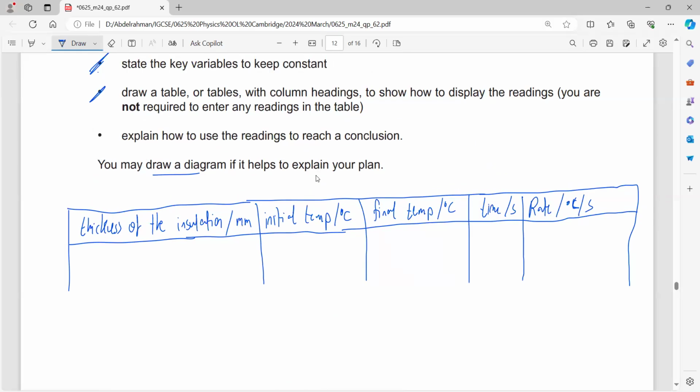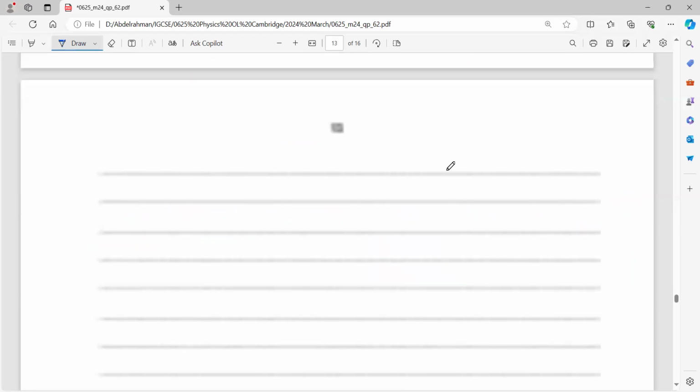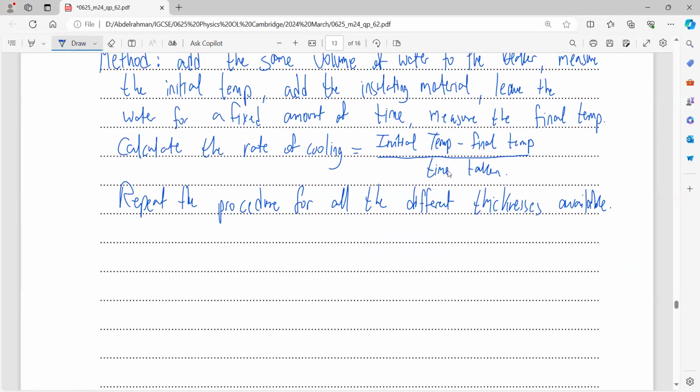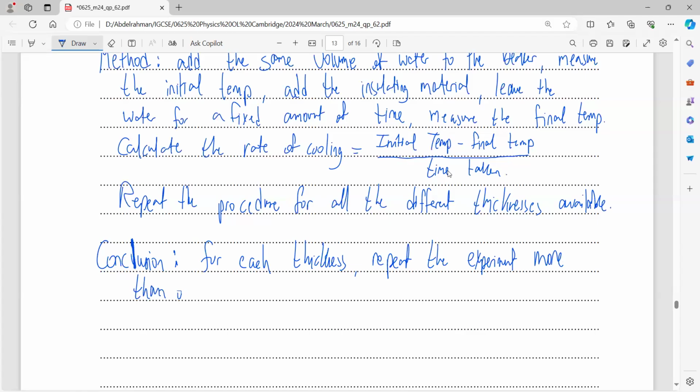Last but not least, I need to write down a conclusion. How will I reach a conclusion? Some very systematic steps. What are the steps in the conclusion? For each thickness, repeat the experiment more than once, and take average.